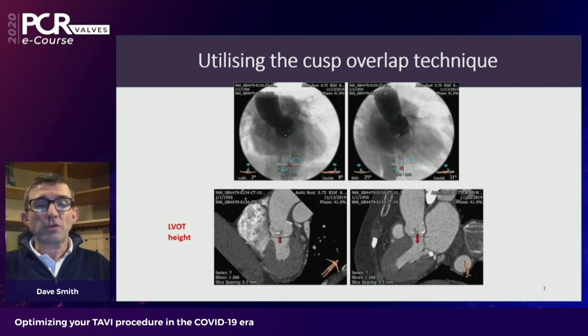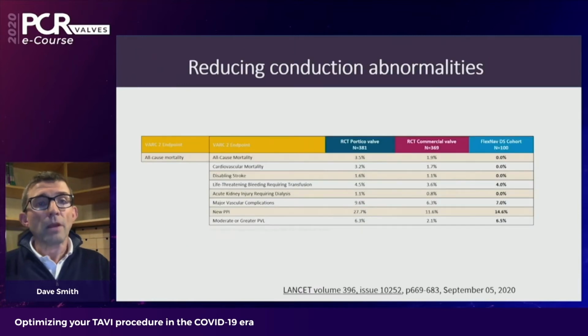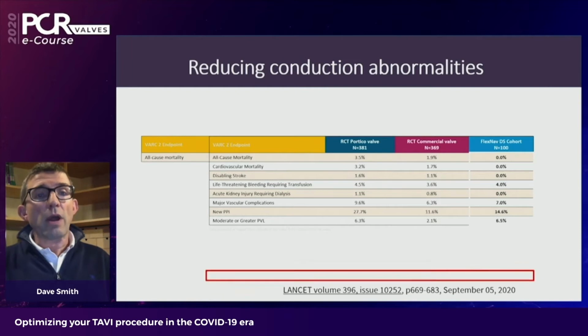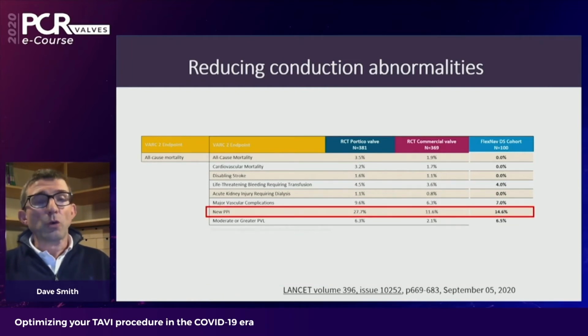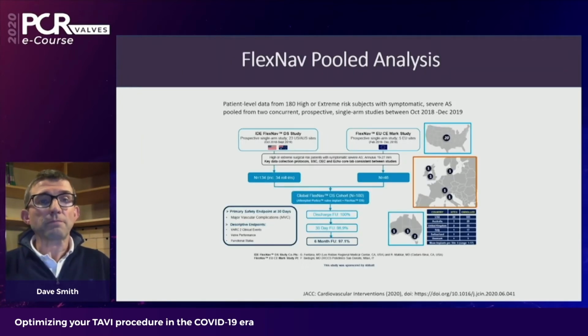And these two attributes mean that we're able to accurately place the valve into the left ventricular outflow tract. This has been confirmed in the Portico IDE study, where we can actually see a virtual halving of pacemaker implantation rates using the same valve, but the two different delivery systems.